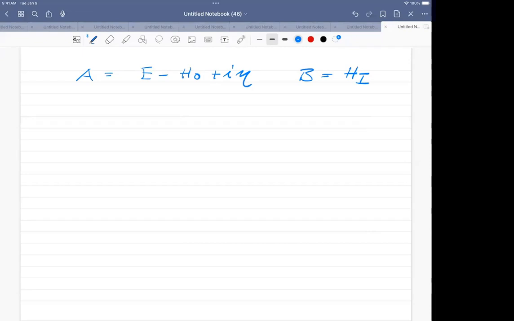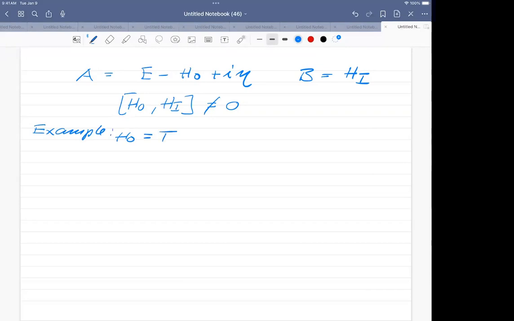So what we know is that H0 and H of I do not commute. So if you think of H of I containing the potential energy, we know that the potential energy and kinetic energies do not commute. So H0 could be, as an example, the simplest case, and that's one we are going to look at after the break.